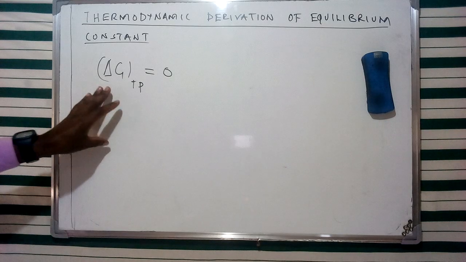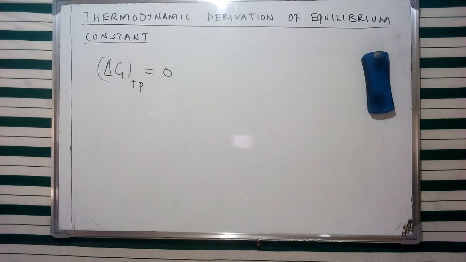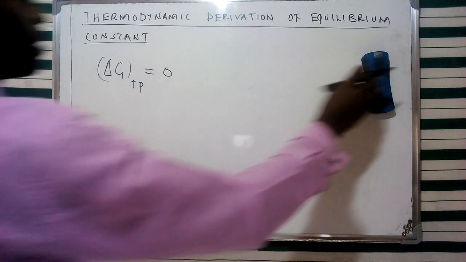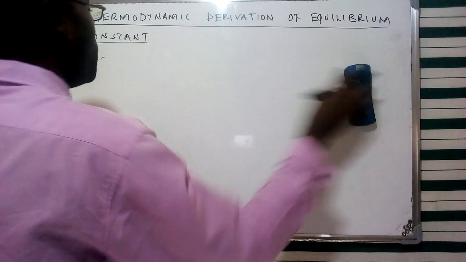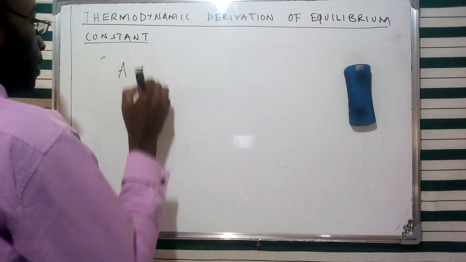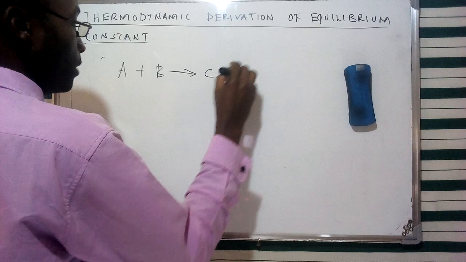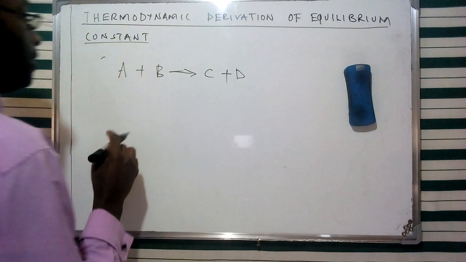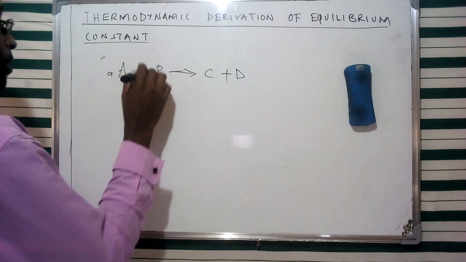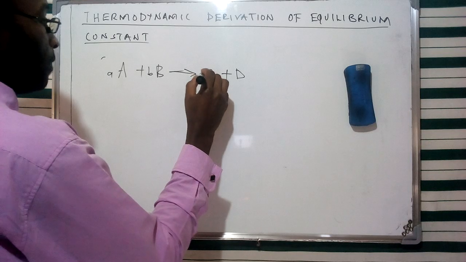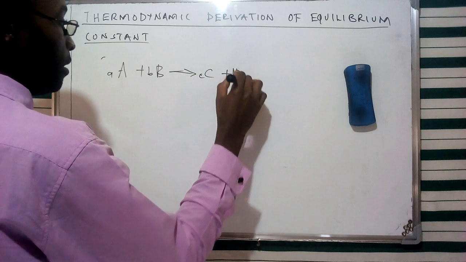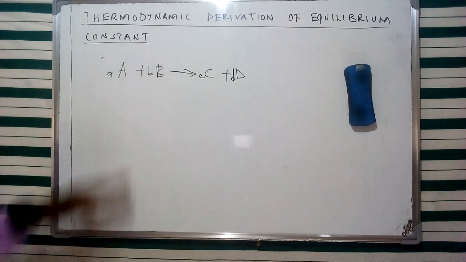So we're going to consider the general case of a reaction. We said that we can give a general representation of a reaction using A and B, which is going to result in the products C and D. In these equations there are various coefficients, given as small letters.